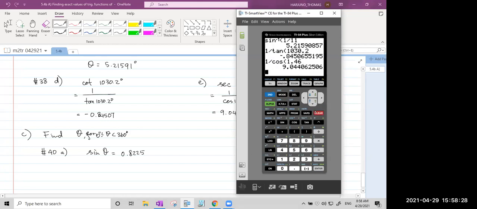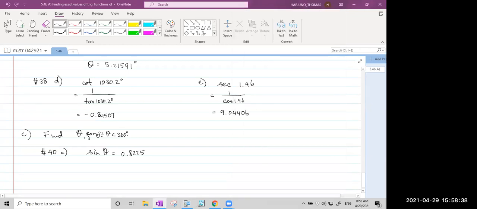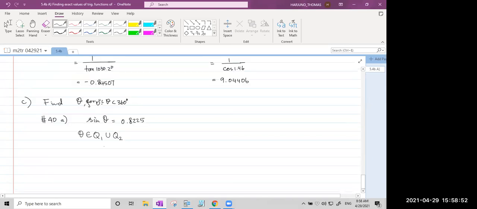Okay, we will use the idea of reference angle. What we will do first is identify that sine theta is positive, so theta must be in which quadrant? It's either in quadrant 1 or in quadrant 2. Now, take a look at the reference angle. We don't know what the angle is, but we know sine of that reference angle must be the positive of that number.